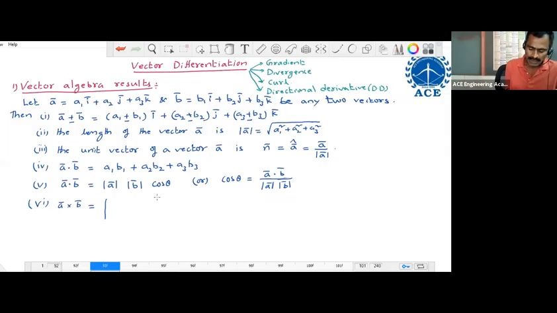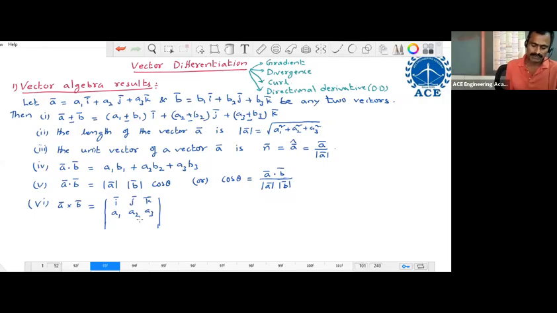In the third order determinant, along the first row, we write the common terms of A bar and B bar, which are I bar, J bar, K bar. Along the second row, from A bar without I, J, K: A1, A2, A3.